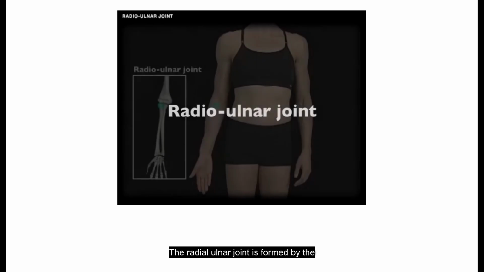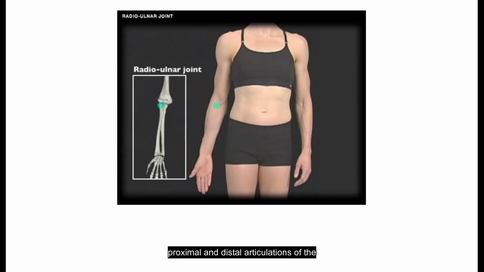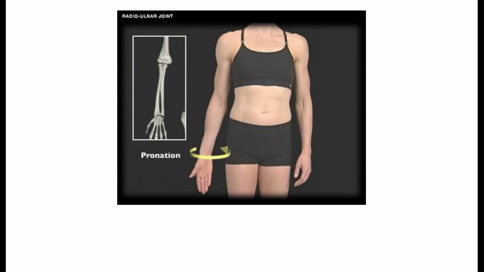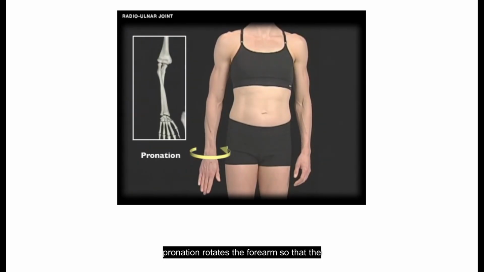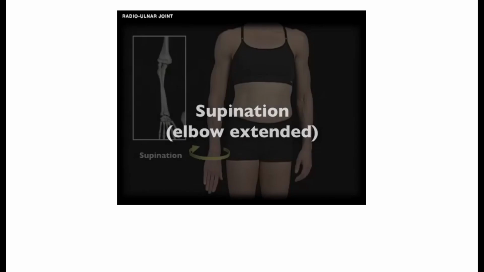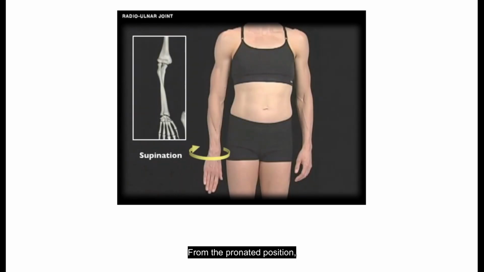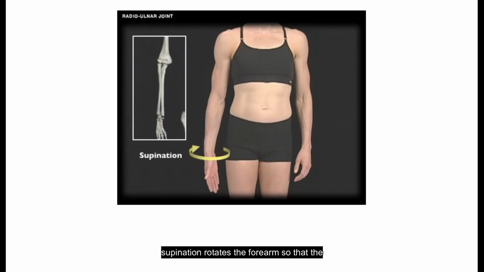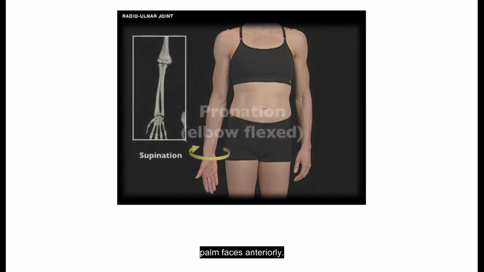The radio-ulnar joint is formed by the proximal and distal articulations of the radius with the ulna. From the anatomical position, pronation rotates the forearm so that the palm faces posteriorly. From the pronated position, supination rotates the forearm so that the palm faces anteriorly.